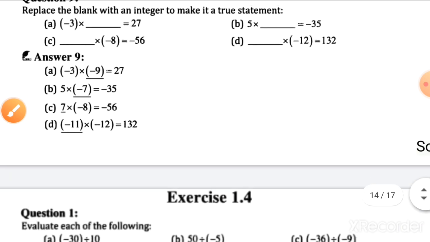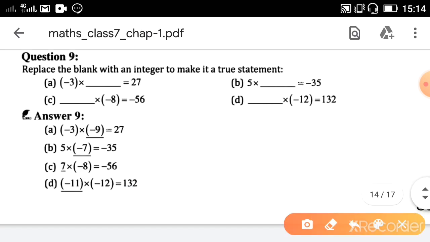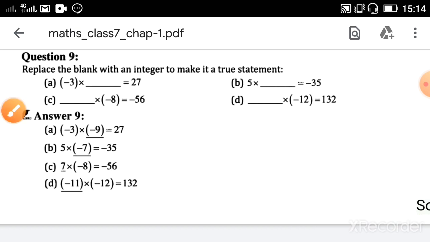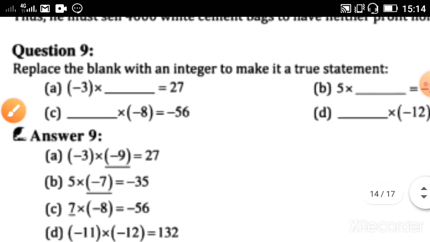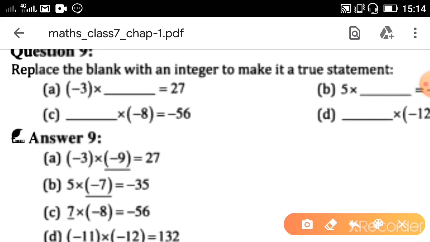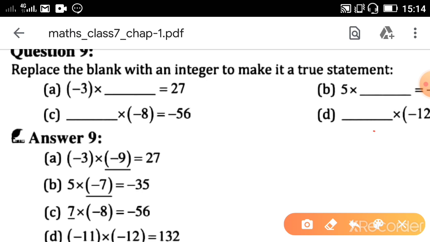Question number 9. Replace the blank with an integer to make it a true statement. First one, minus 3 into dash is equal to 27. Now with 3, which number should you multiply to get the answer 27?